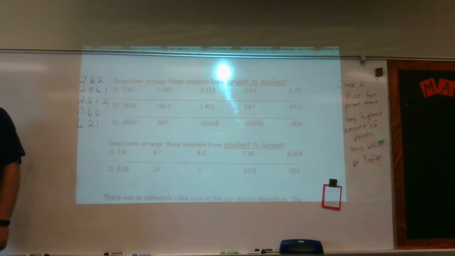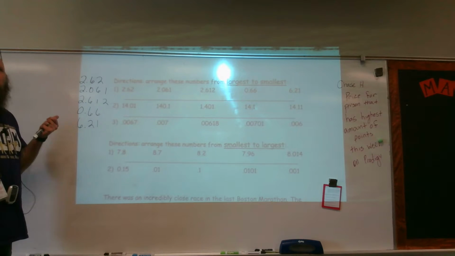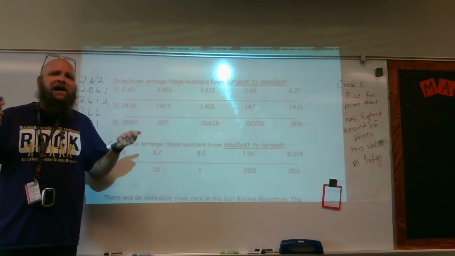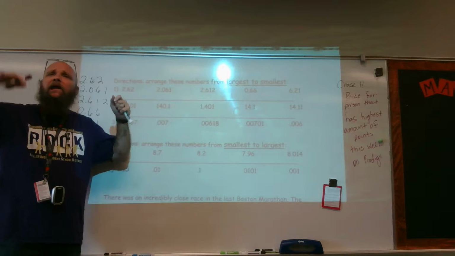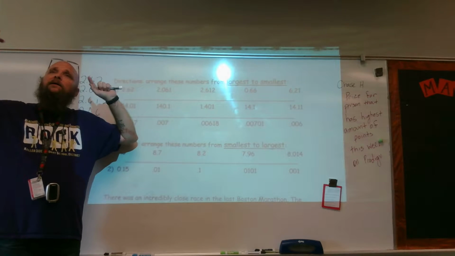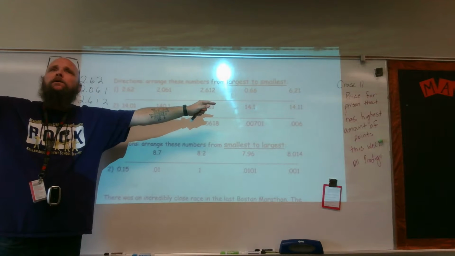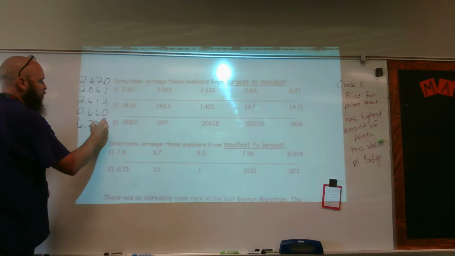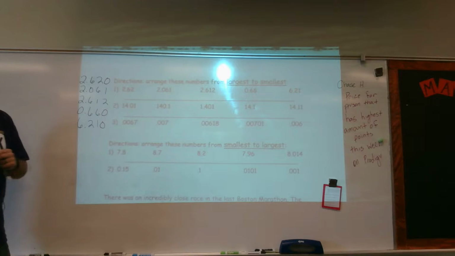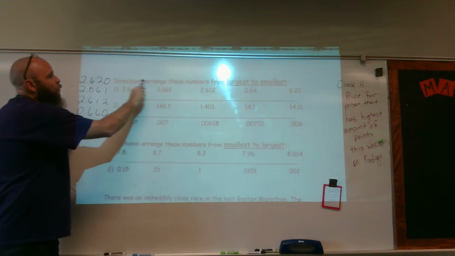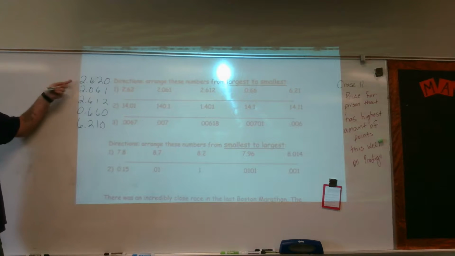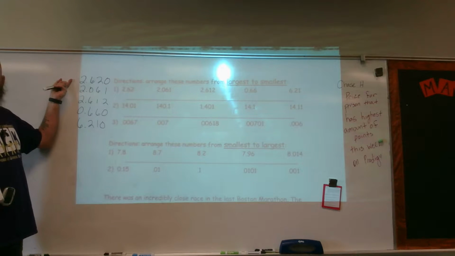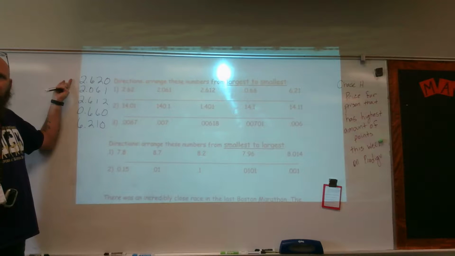Well, as we talked about in the past, if you add zeros to the back here, it doesn't change the value. In fact, I could add 63 more zeros here, and this is still going to be the same value.